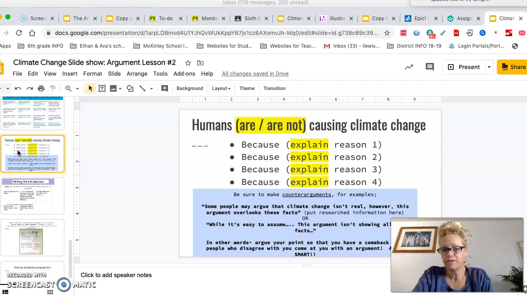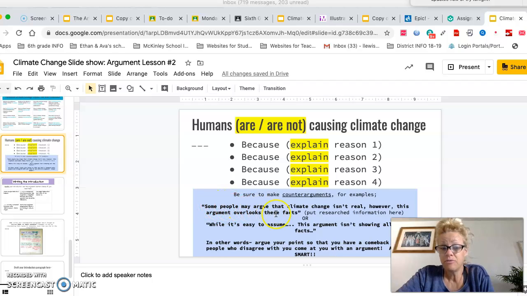You can also write on this document where it's yellow. So you're going to be arguing humans are or are not causing climate change, because, and I want you to give reasons and explanations. And right down here, I just wrote ways to make sure you include a counterclaim when you're writing your paper.